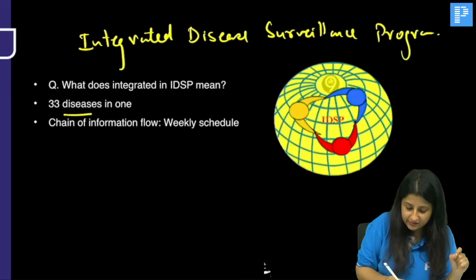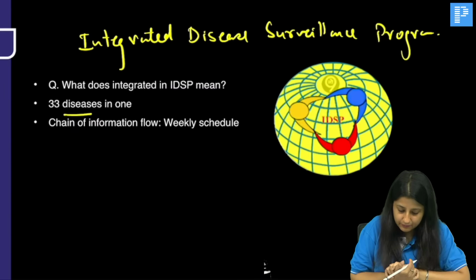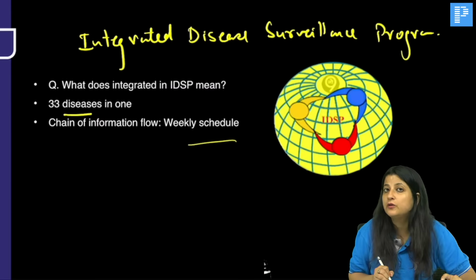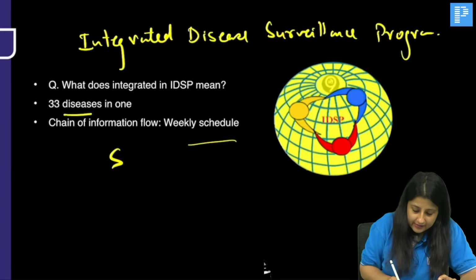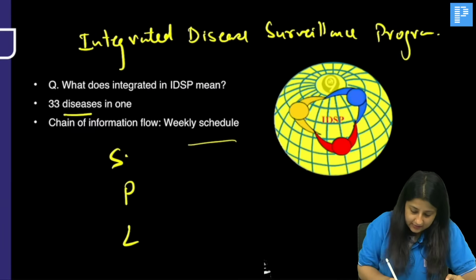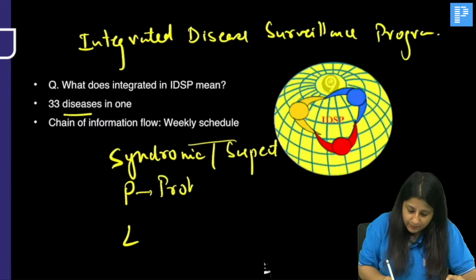Now over here 33 diseases in one have been included. Weekly information is being scheduled, but what you have to remember guys, very very important, 3 forms भराते हैं. We fill 3 forms. SPL. The first one is syndromic or suspect, S forms. The next one is probable form.